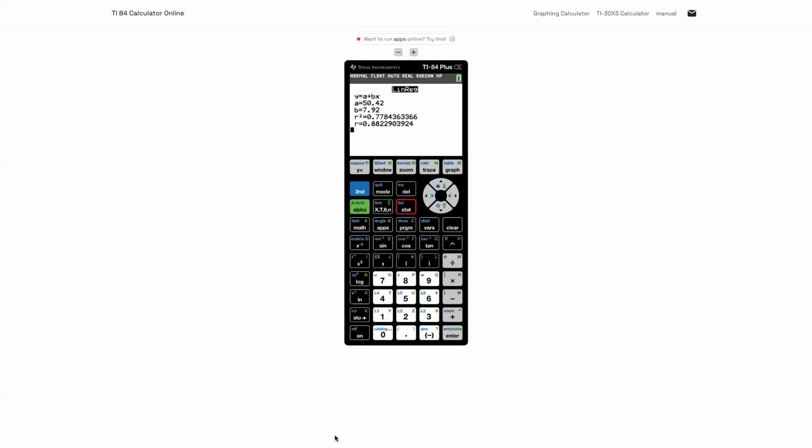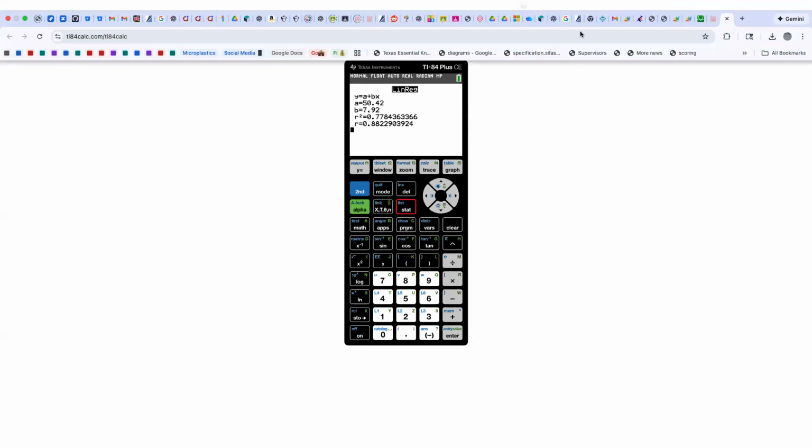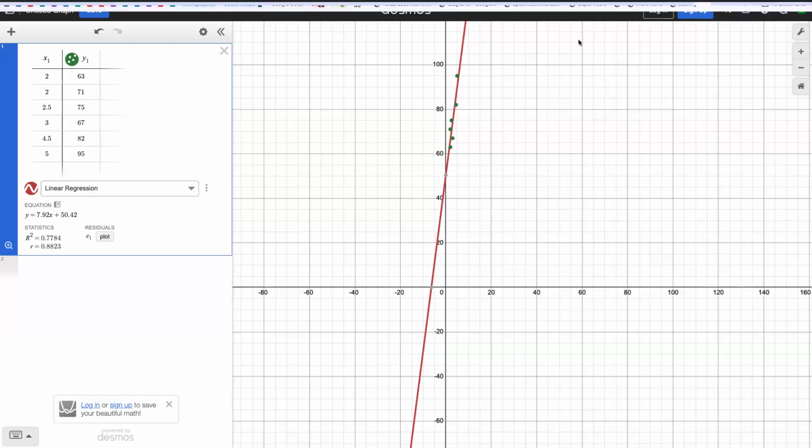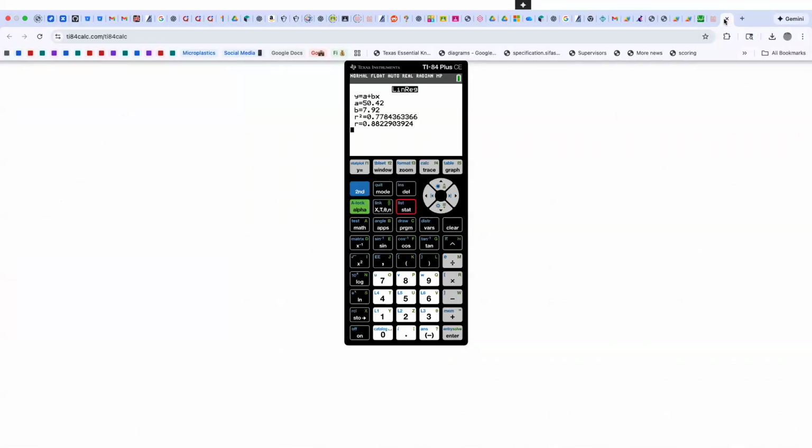Got it, guys? Miss Priya, on the Desmos one, it says R equals 0.8707. Did we type in 2, 2.5, 3, 4.5, 5, and 63, 71, 75, 67, 82, 95?